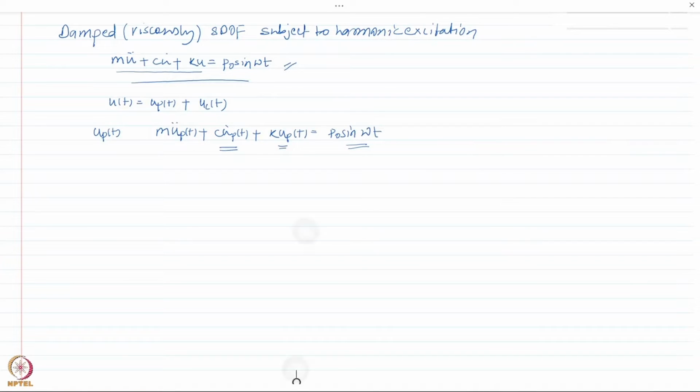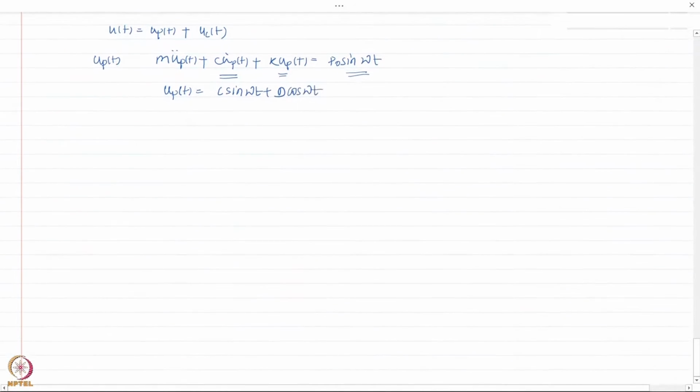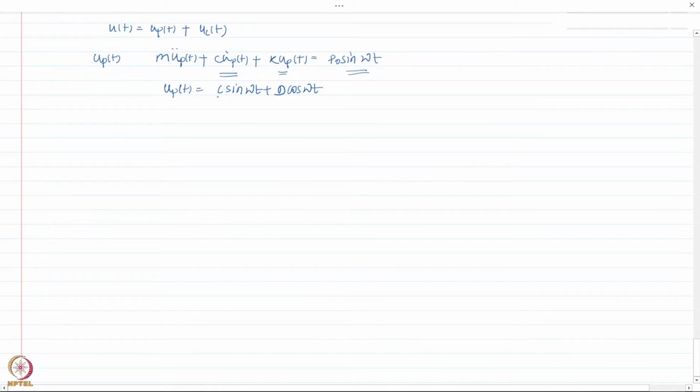However, in this case, I have single differentiation of u p as well, so I cannot use that solution. I would have to assume that my u p is some constant C times sine omega t plus another constant D times cos omega t. Our goal is to find the values of these constants C and D.